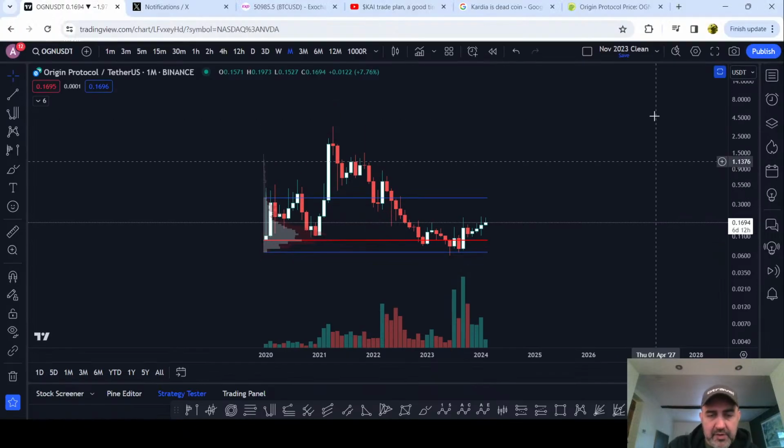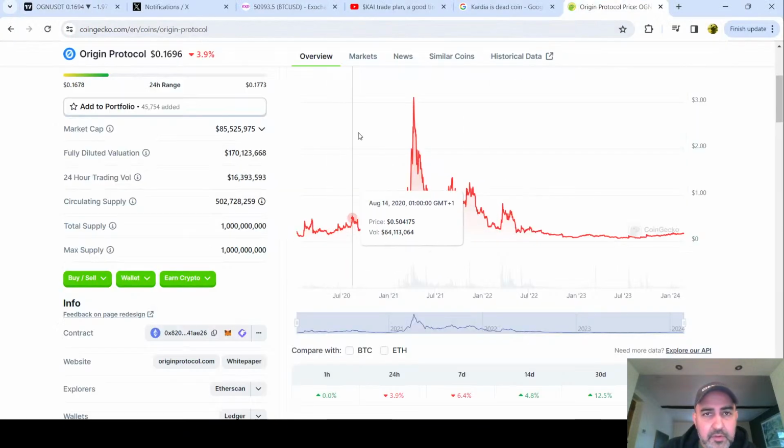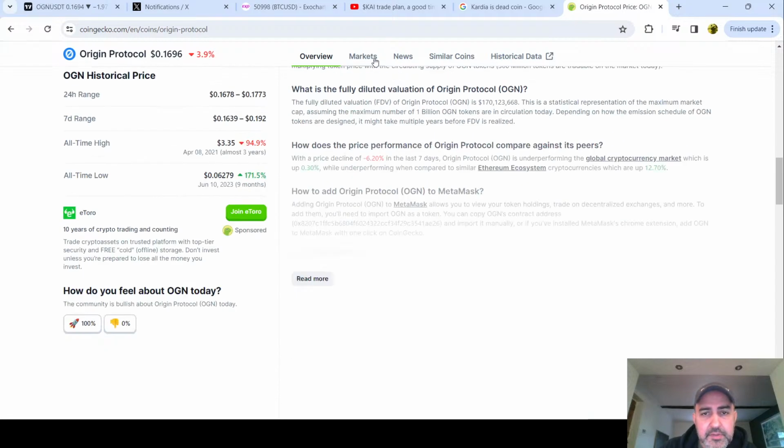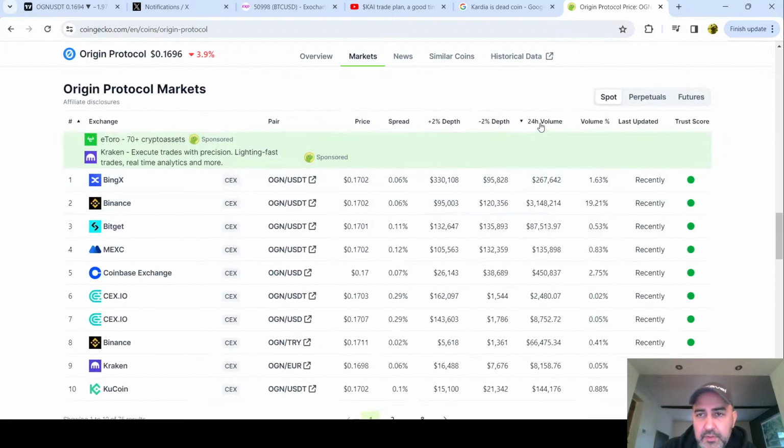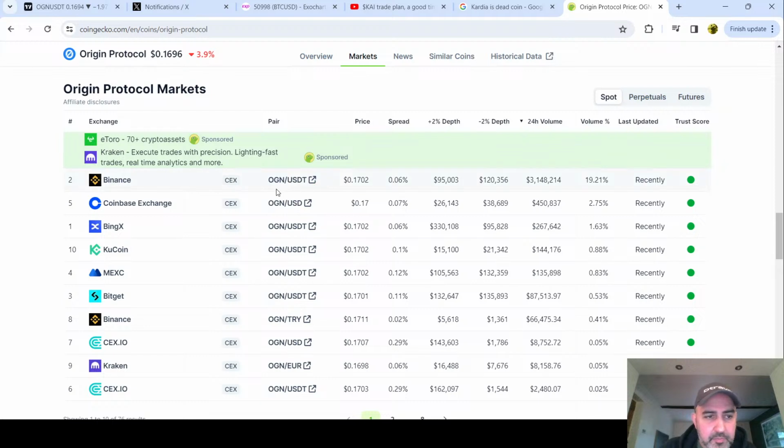Let me just also have a look and see which has the most volume. Markets, volume. So Binance has the most volume. Nope. Yep. So definitely Binance is the right chart.